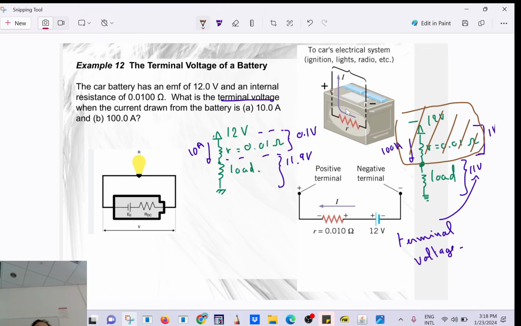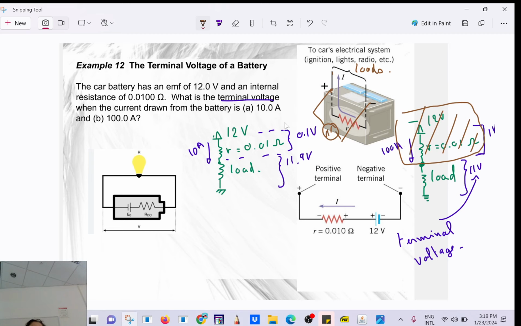For example, if your car is running and you come with a voltmeter and you measure the voltage across the plus and the minus, you're going to find 11 volt, regardless of whatever load you are using. Maybe you are using two headlights and the radio and the GPS or whatever. You can have a lot of load here.